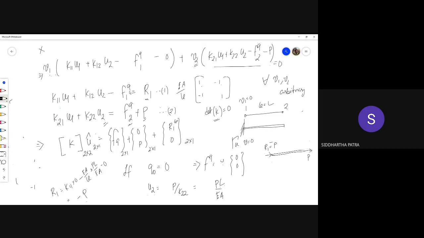But still, your R1 would be 0 if there is no P and F Q and nothing to resist U2. It's not necessarily 0. It can be 0, but it's not necessarily 0. And if it is not necessarily 0, it is something. And that something just turned out to be the reaction force at the boundary where the displacement boundary condition is given.